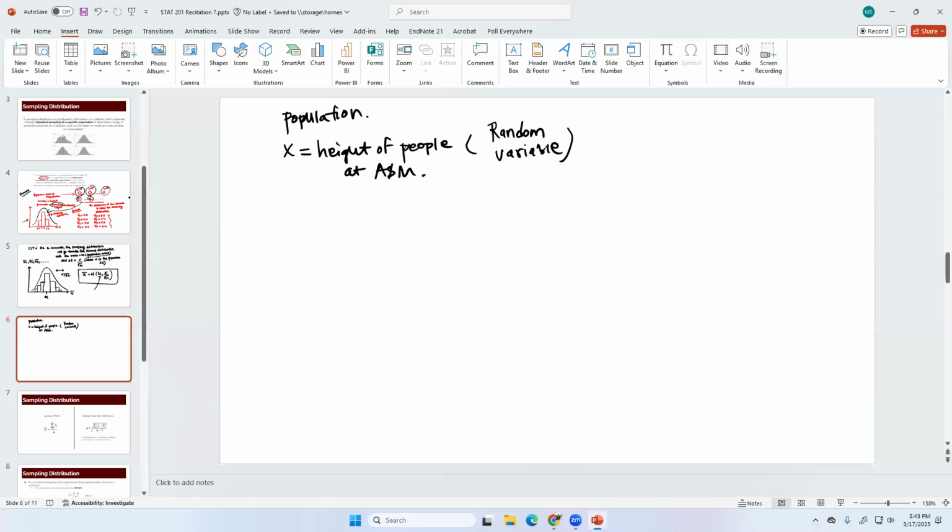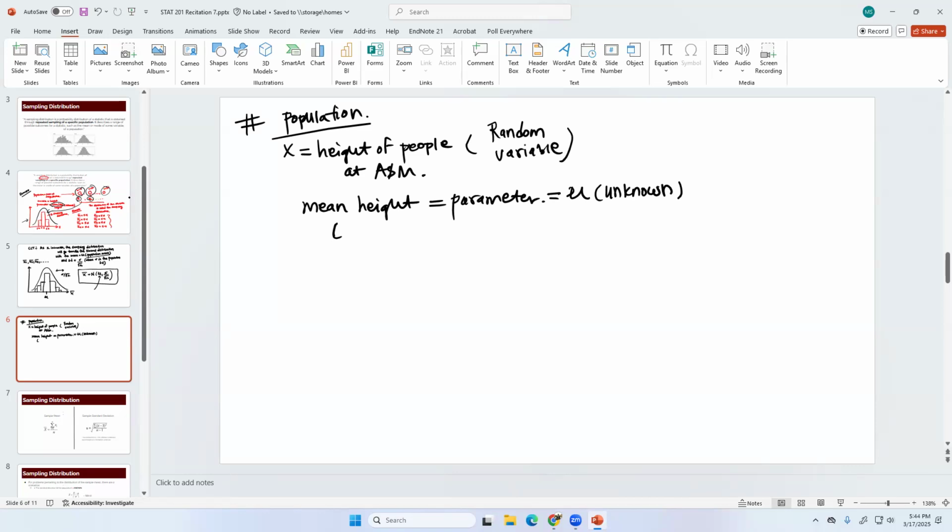And what you want to find here is the mean height. What is the average height of the people at A&M? Now you don't know, this is unknown. The mean height, let me say this is mu, and this is unknown.